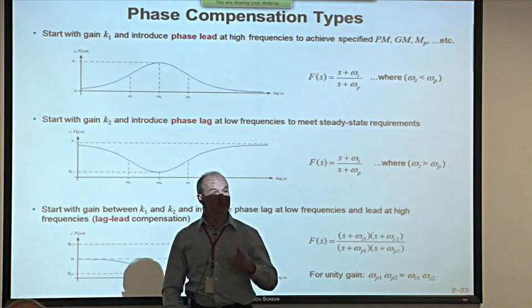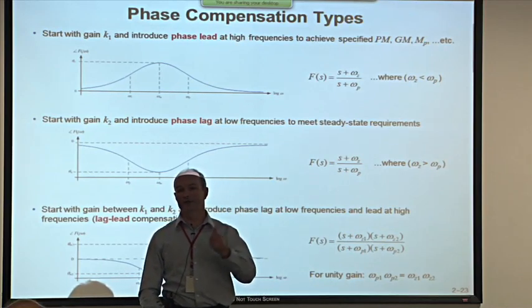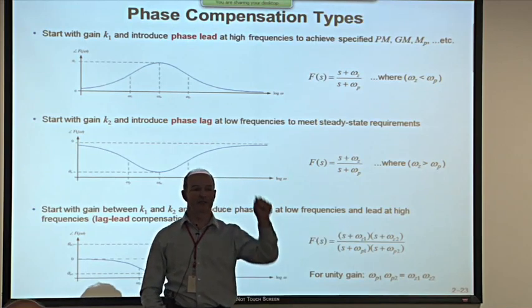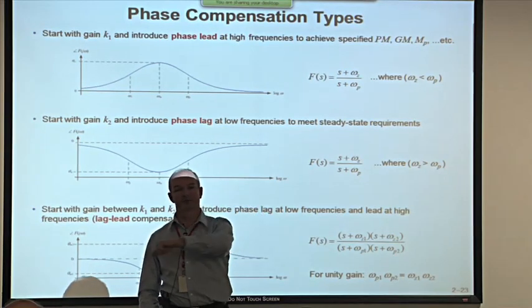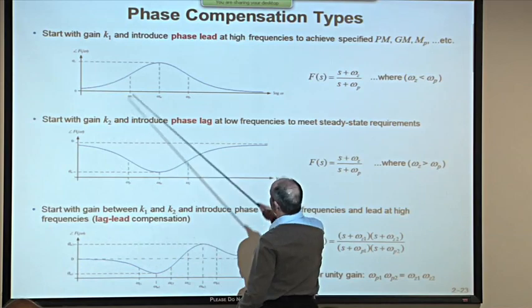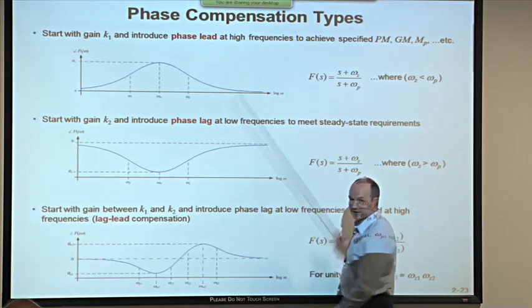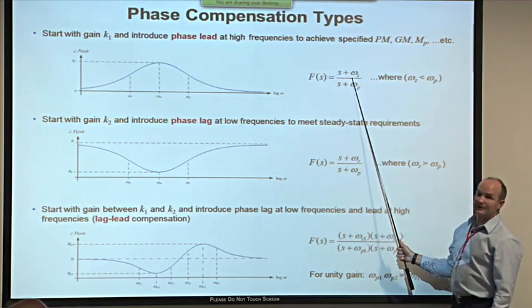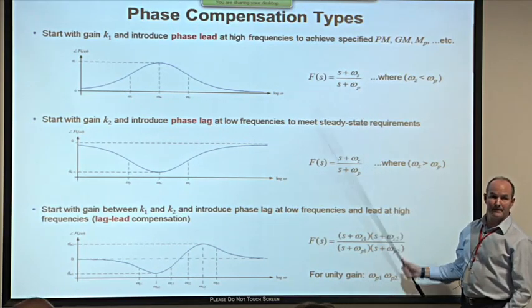And the key thing is that the zero appears at a lower frequency than the pole. The presence of a low frequency zero gives us phase lead, and then the presence of a higher frequency pole counteracts it to roll the phase off at high frequencies. So a phase lead compensator has a lower frequency zero than it does a pole.